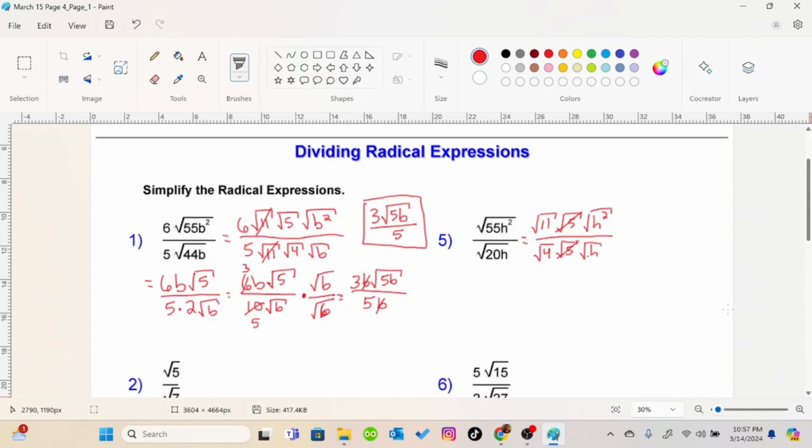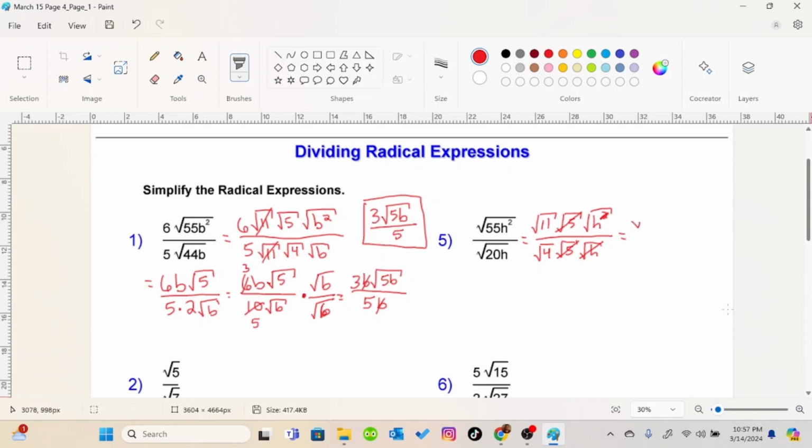We have a square root of h on the bottom and a square root of h squared on the top. So this can eliminate one of the h's out of the top, and it can eliminate the square root of h on the bottom. Now we have the square root of 11 on top times the square root of h.